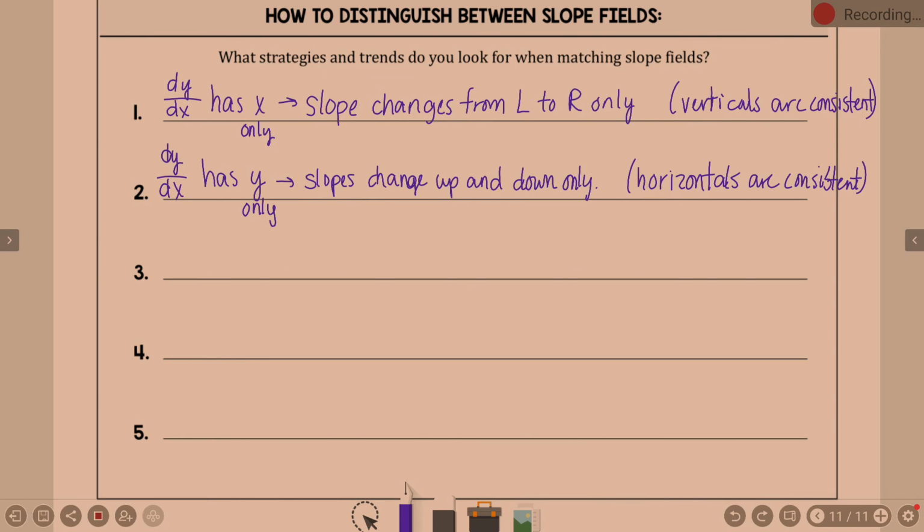The third one goes right along with those two, and that is if dy/dx has x and y. Well, if dy/dx has x and y, the slope is going to change in both directions, right? It's going to change as you move across and up and down. So I'm going to say slopes change in both directions.